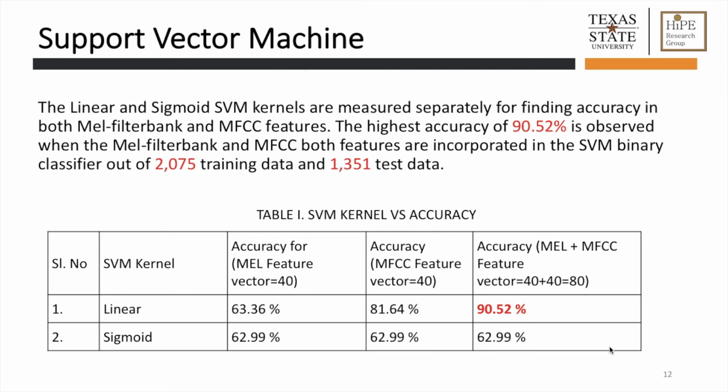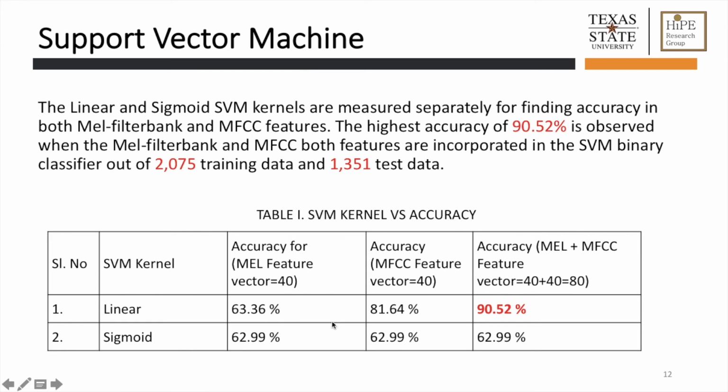These are the results that are generated after applying support vector machine to our dataset. In the table, the SVM kernels used were linear and sigmoid, and we have used Mel 40 features and MFCC 40 features, and both of the 40 and 40, overall 80 features, for training and testing our dataset and finding the accuracy.